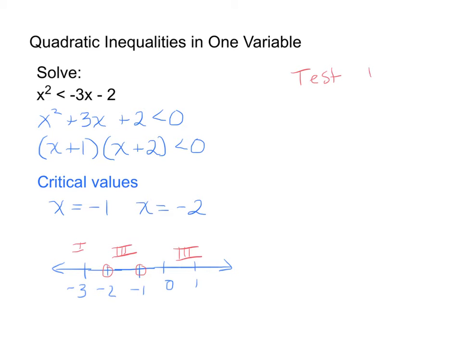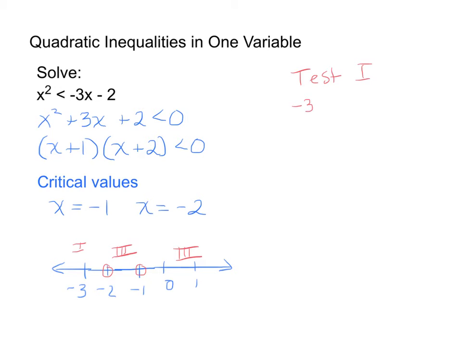So testing in region 1, I'm going to pick a value that's in that region. What value do you want to pick? We're not going to choose the critical value, so negative 3 will work. Let's pick negative 3, and I'm going to fill it into the original inequality.